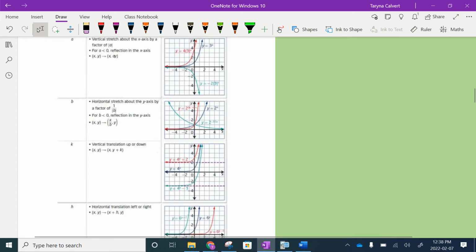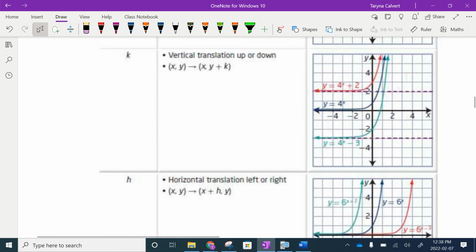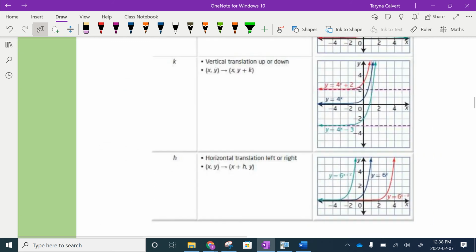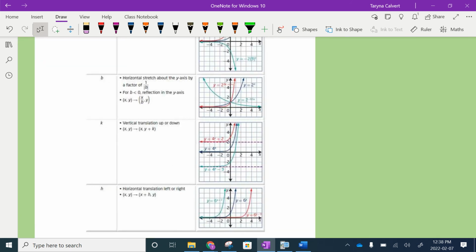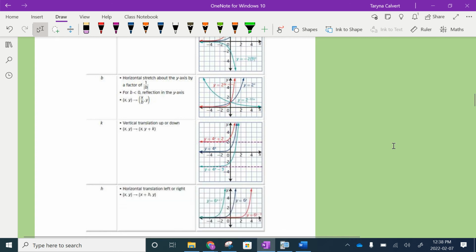Your B value is your horizontal stretch, and it's always opposite of what it looks like in the equation. Your K is your up and down, and your H is left and right. Those variables and what they do don't change. It's the same thing as they always have been doing since we started this course.